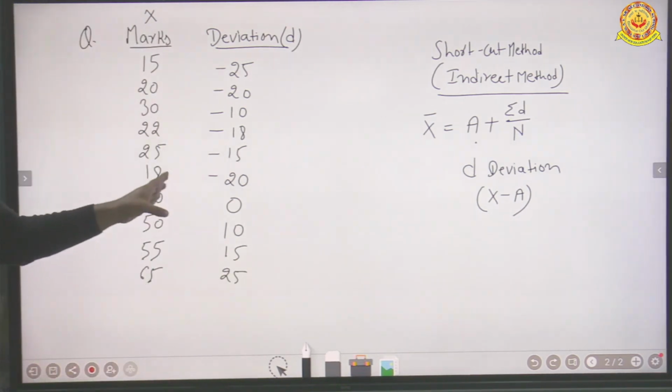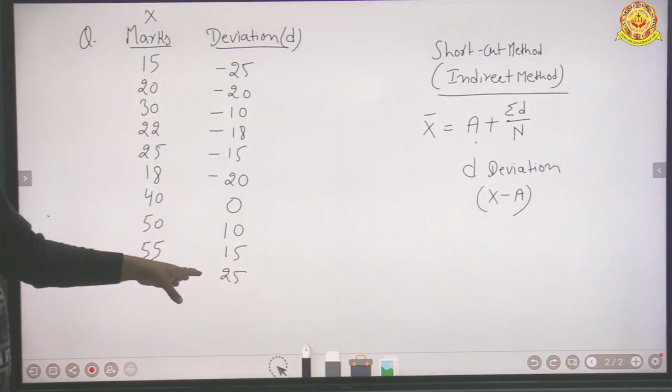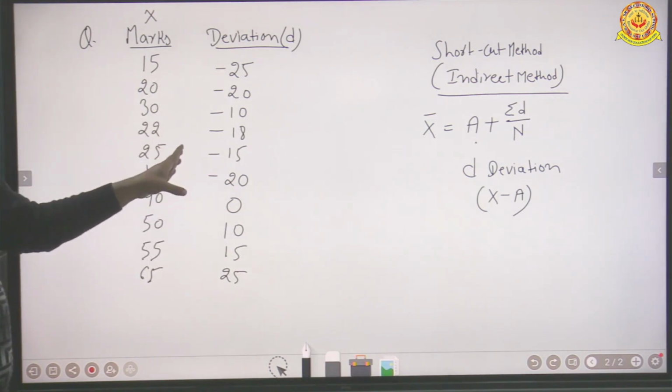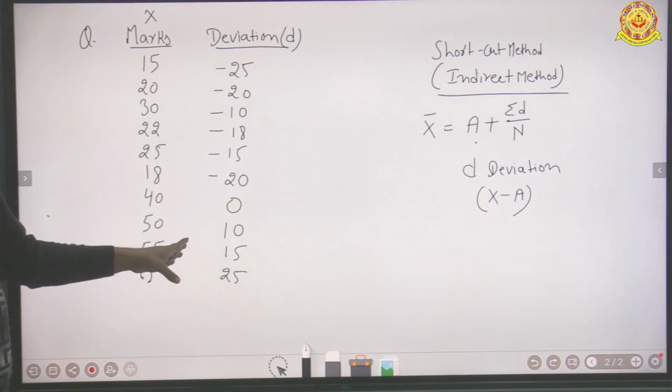Now these are the negative values and these are the positive values. Negative values will be added separately and positive values will be added separately.